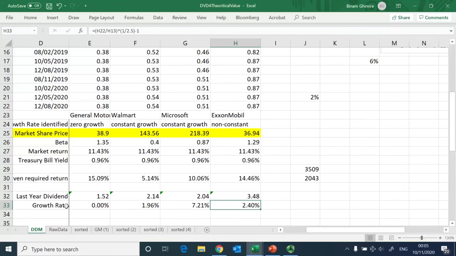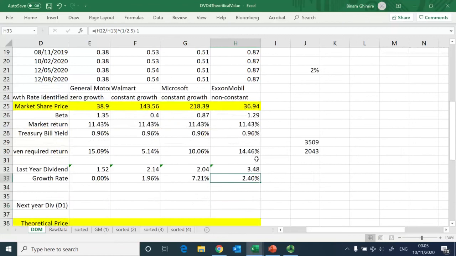So that's the growth rate we have assumed will take place for future dividend, but we have also assumed that this will remain constant, similar to here and here for Walmart. So now what we can do is find out next year dividend, which basically means we have last year dividend times 1 plus the rate of growth, so in this case it will remain the same 1.52, which is what is the case.